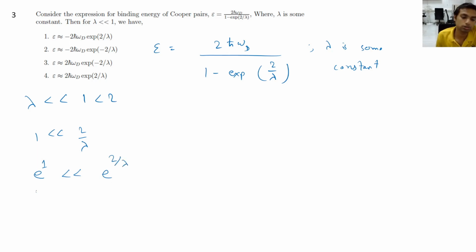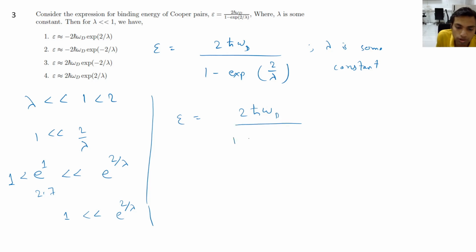And e is 2.7, so it is anyway greater than 1. So 1 is really very small compared to 2 over lambda. This 1 is so small that we can simply neglect it: h bar omega d times 1 minus a very big number. So we can just ignore the 1 and keep the 2 over lambda.